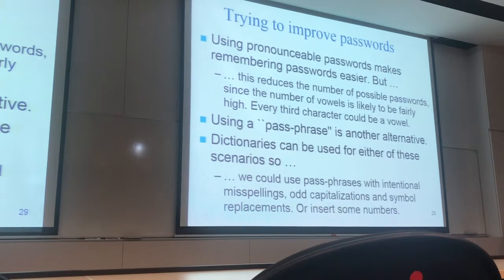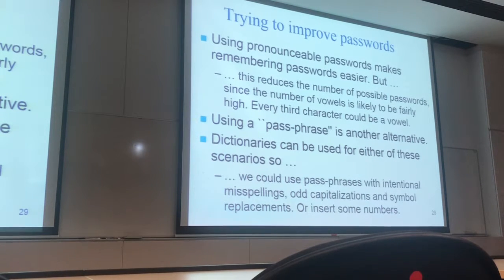But you can use some tricks to enlarge the entropy. For example, you can insert some characters. You can replace the letter O by 0, replace the lowercase l by 1, and replace B by 8.